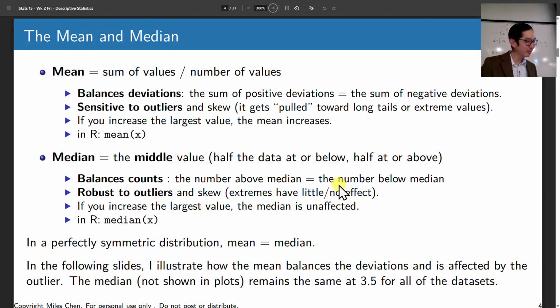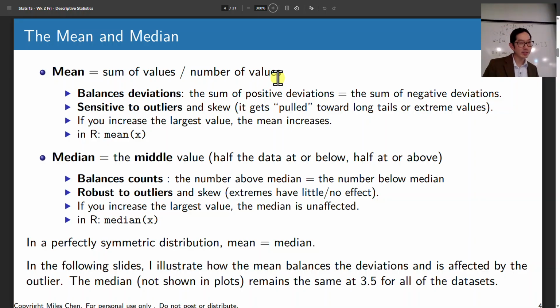Okay, so the mean, you add up your numbers, you divide by how many you have. So sum of values divided by number of values, okay? And what the mean does is it balances the deviations. So I've got a few diagrams showing this, but basically you'll have positive deviations from the mean and negative deviations from the mean, and those things add up or cancel each other out, okay?